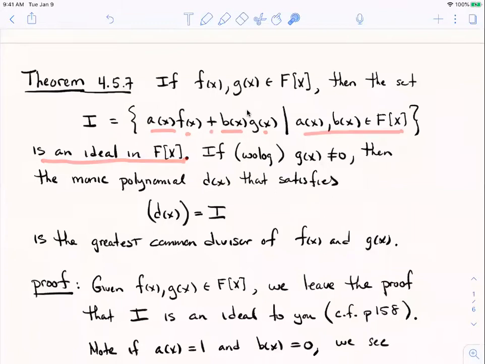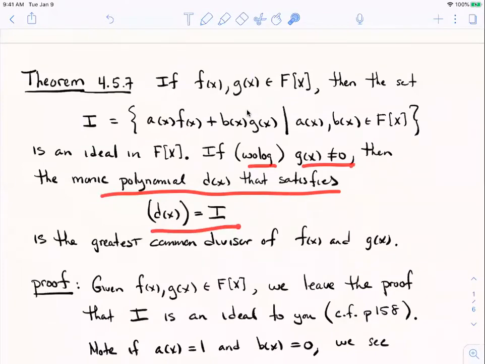And if, without loss of generality, say g is not 0, then the monic polynomial that generates that ideal, we proved last time there's a unique monic polynomial that generates that ideal, that thing's the greatest common divisor of f and g. All right, so this is how I'll prove it exists, because it's the unique monic generator of the ideal defined in the statement of the theorem.